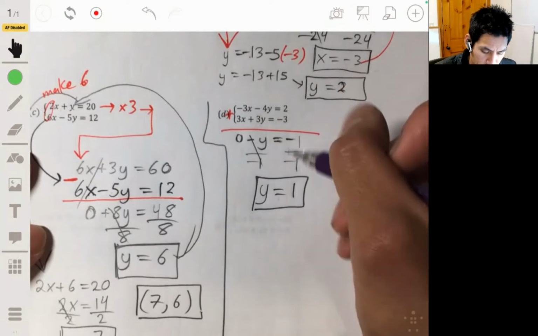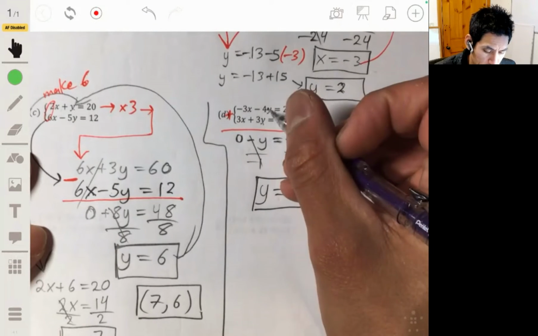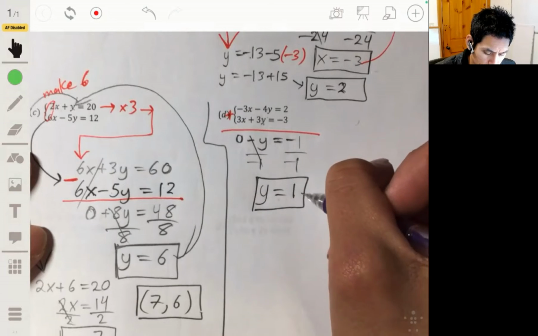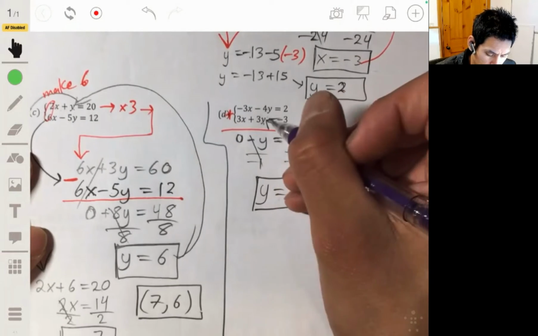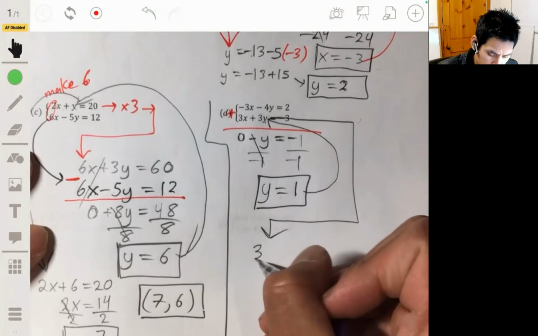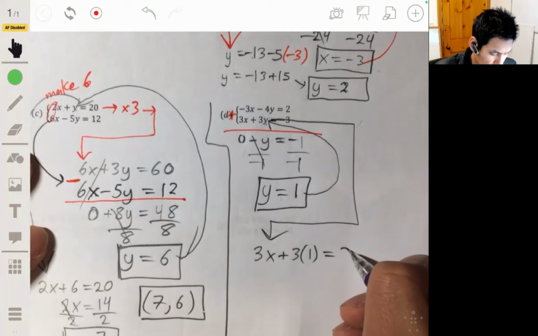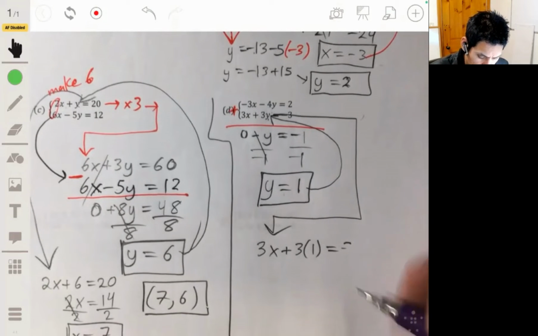And I can find x by just plugging 1 into the bottom one. I can plug it into either one, but the bottom one looks quicker. So I'm going to plug it into this y here. Recycling. I'll get 3x plus 3 times 1 equals -3.